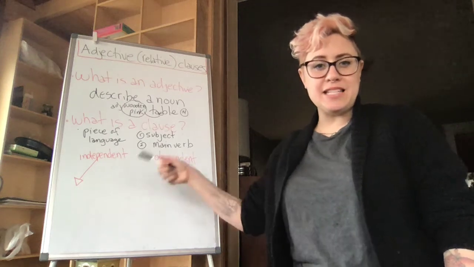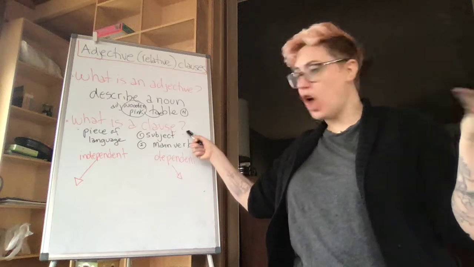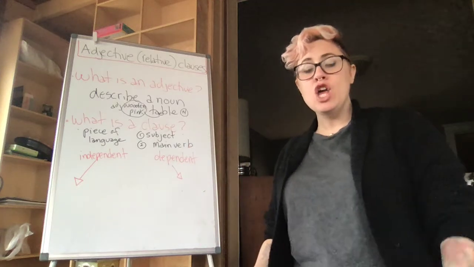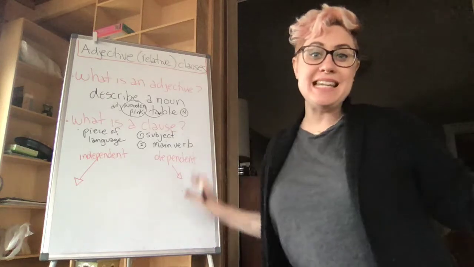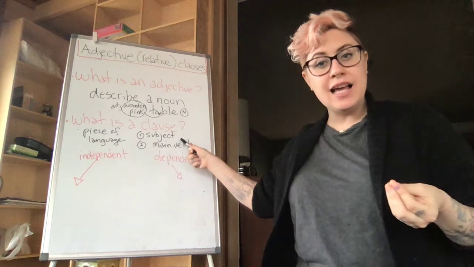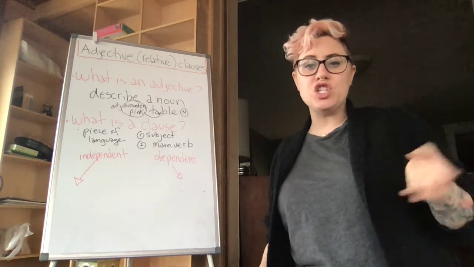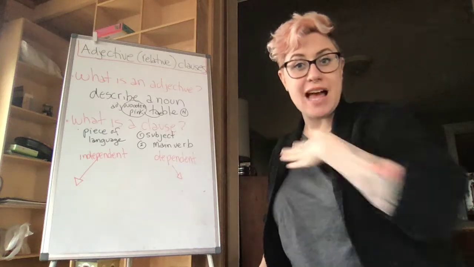Now, what do independent and dependent mean for clauses? Okay, so if an independent person is someone who does not need other people, an independent clause is a piece of language that does not need any more pieces of language to have meaning.